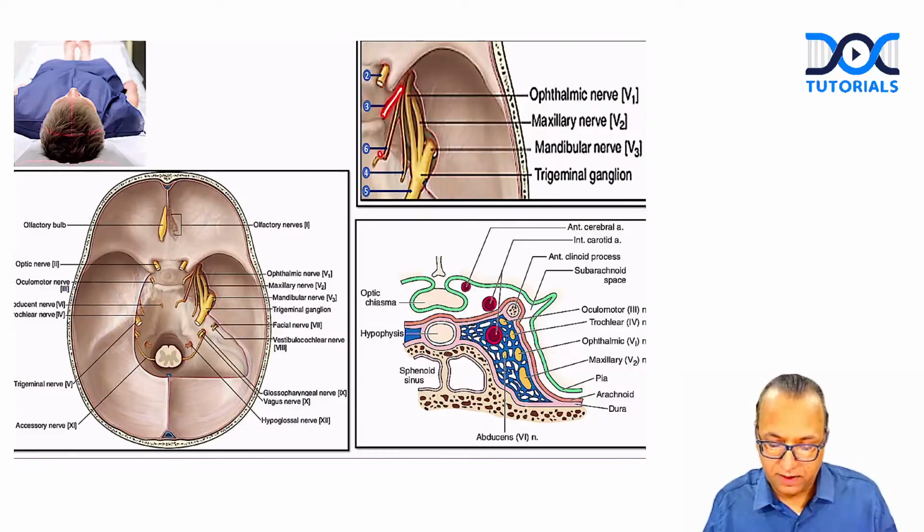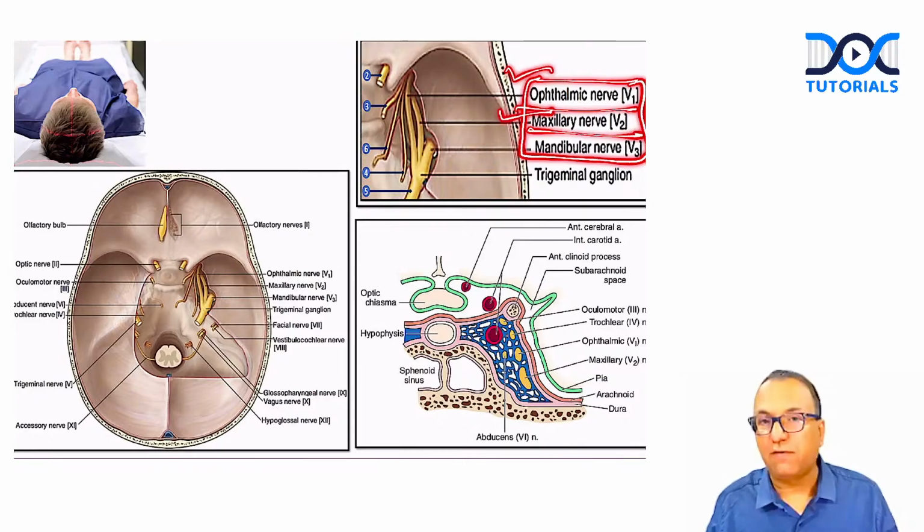And the number 3, 4, and 6, they are coming from the brainstem, but becoming a content of the cavernous sinus before they become content of the superior orbital fissure and enter the orbit. Then you see the trigeminal nerve, trigeminal because it has 3 branches, and they are 5, 1, 2, 3. So of 5, 1, 2, 3, you will find only 5, 1 and 5, 2 are cavernous sinus content.